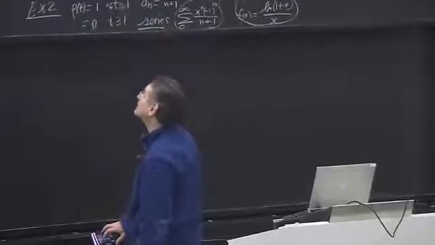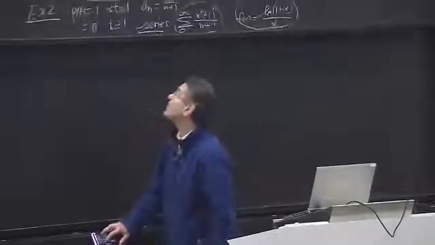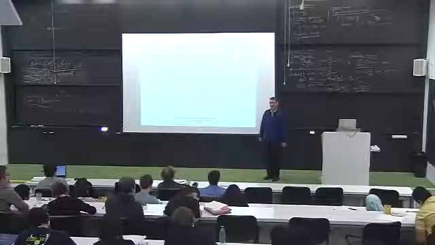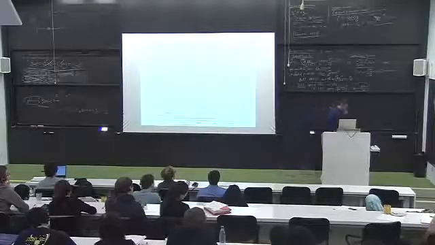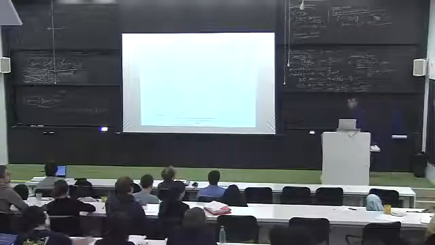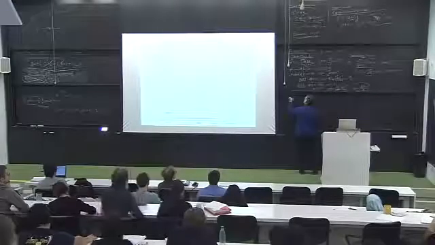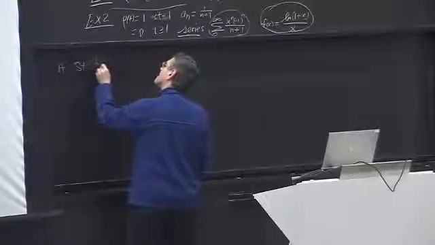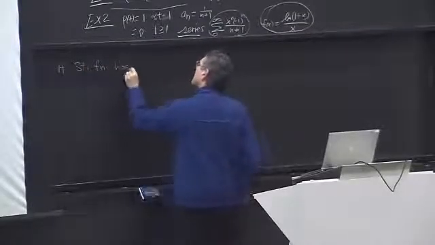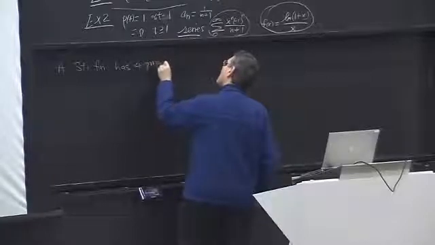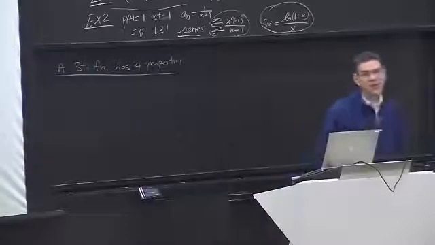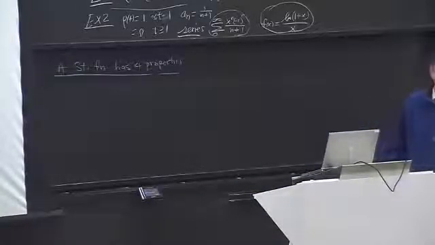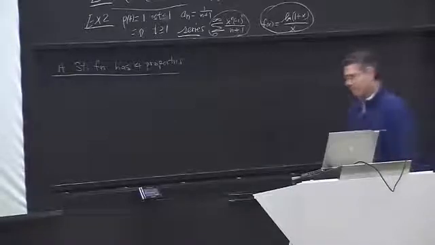And it can be summarized. Unfortunately, not much is known, so I can summarize the whole theory in about 3 minutes. Okay, a Stieltjes function has 4 properties, very important properties.